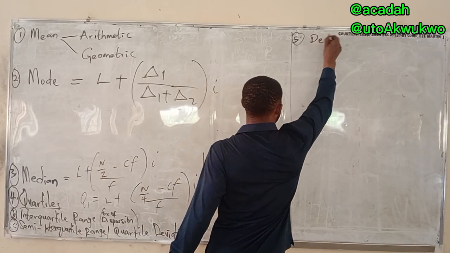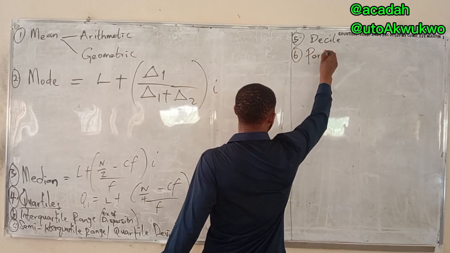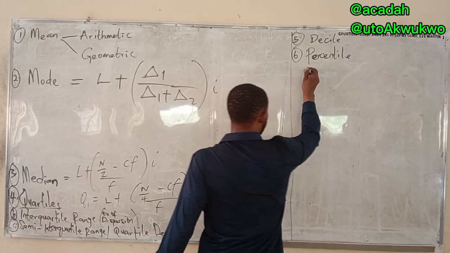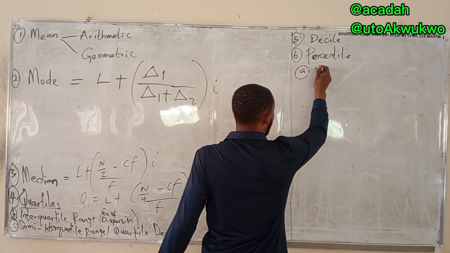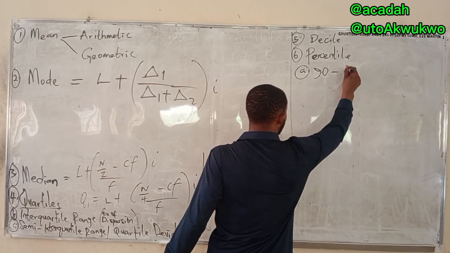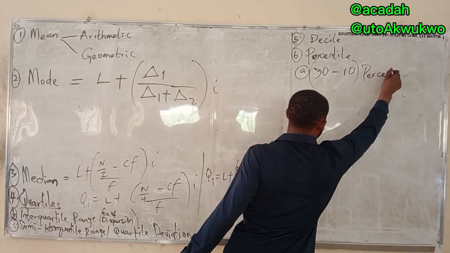which is decile, percentile. Under this percentile, let's say we have what we call the 90 to 10 percentile range.